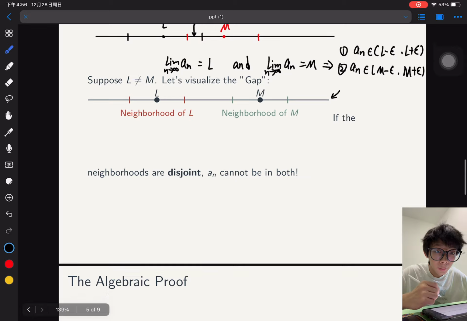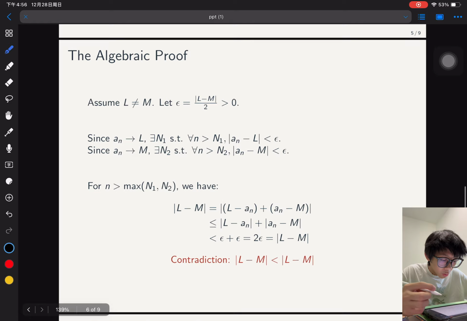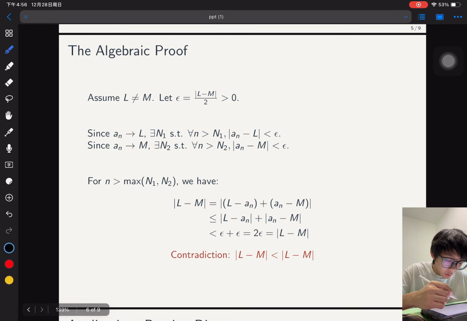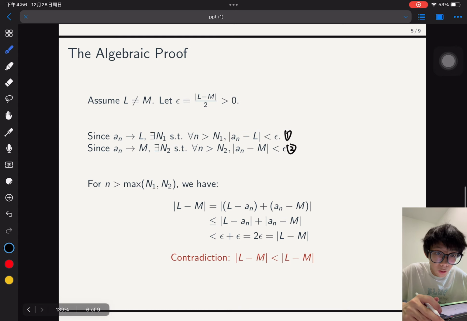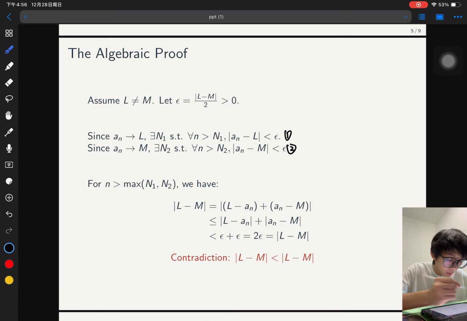We write it down in a mathematical way. We write down the definition of the limit first, as statements 1 and 2. Since we prove by contradiction, we first assume L is not equal to M. Then by the definition, for all epsilon larger than 0, the conditions are satisfied.